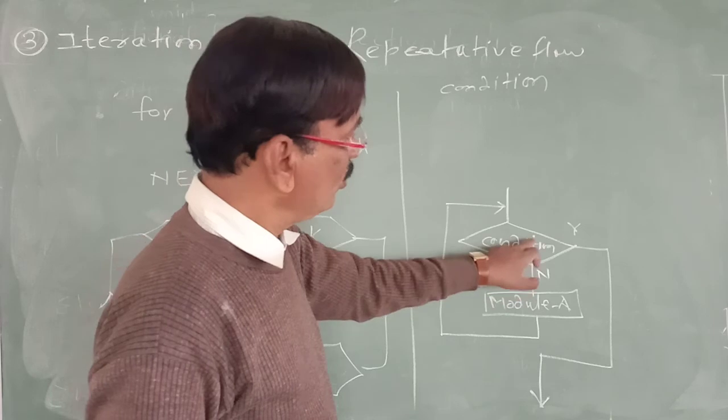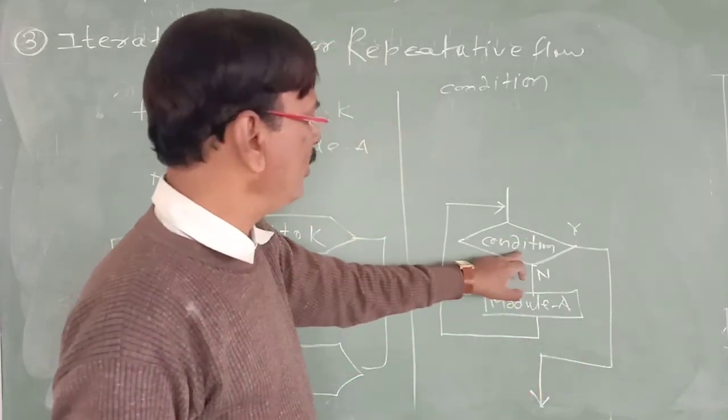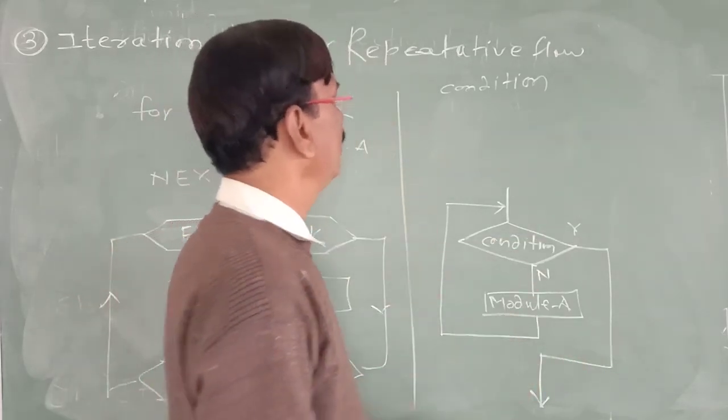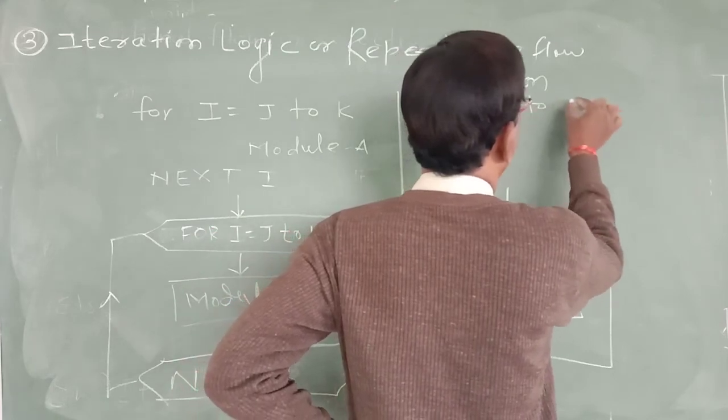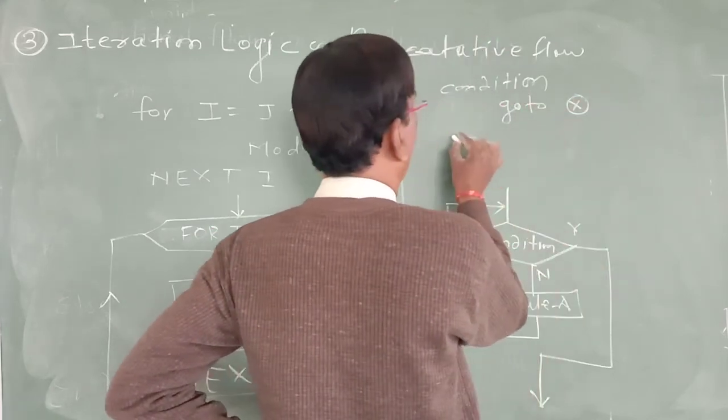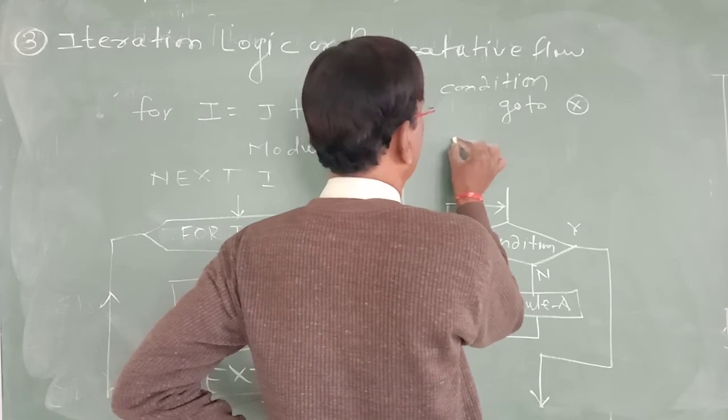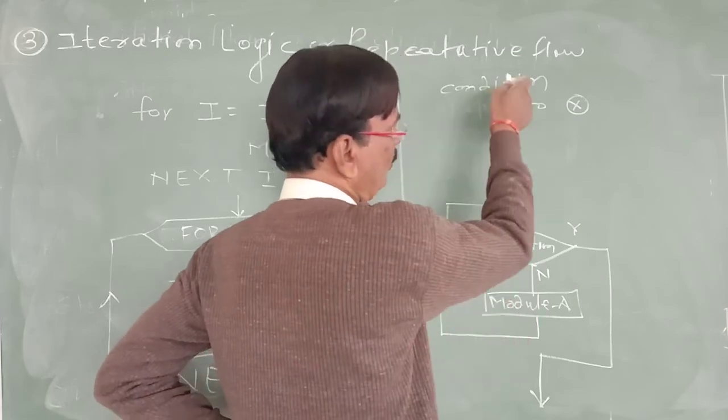If the condition is satisfied, you stop. But if the condition is not satisfied, module A is executed and repeated.